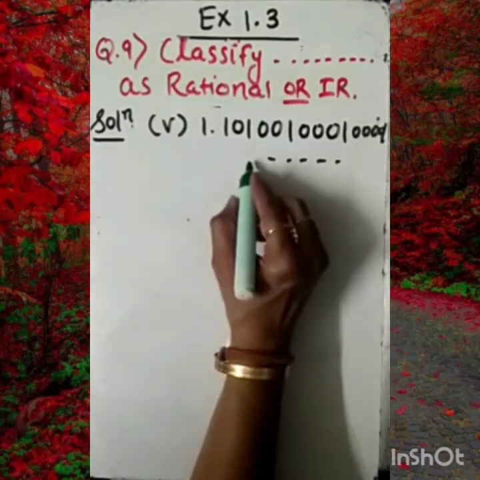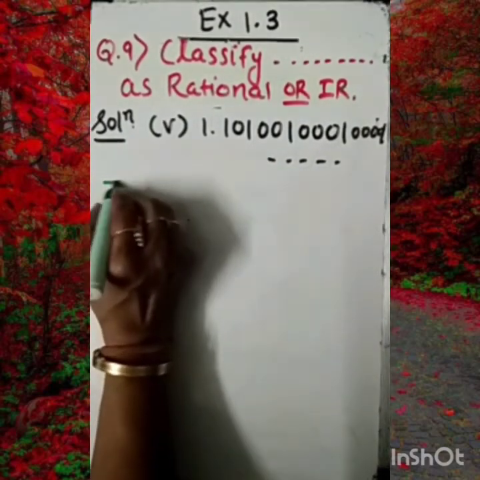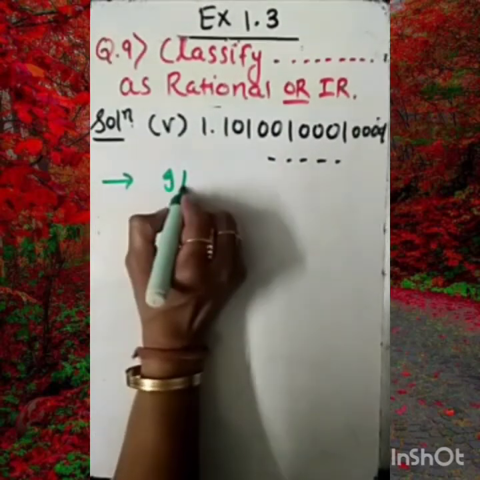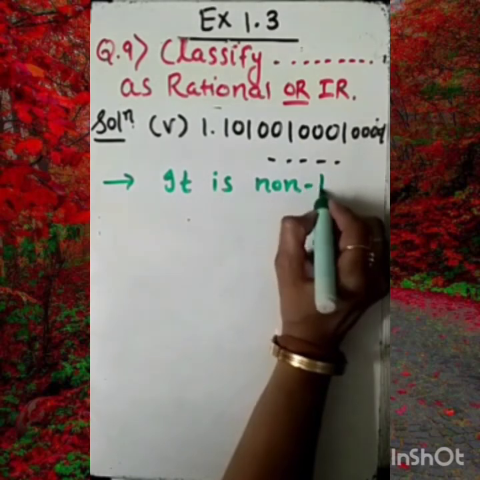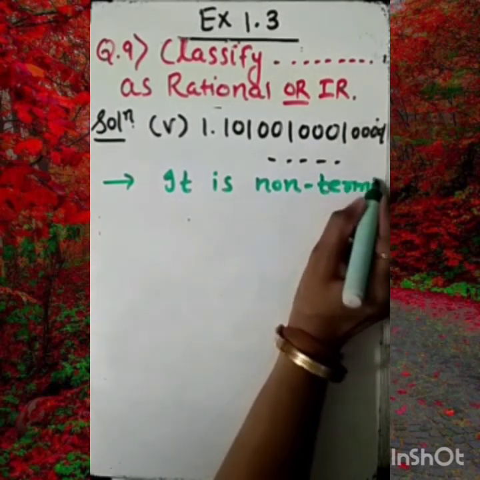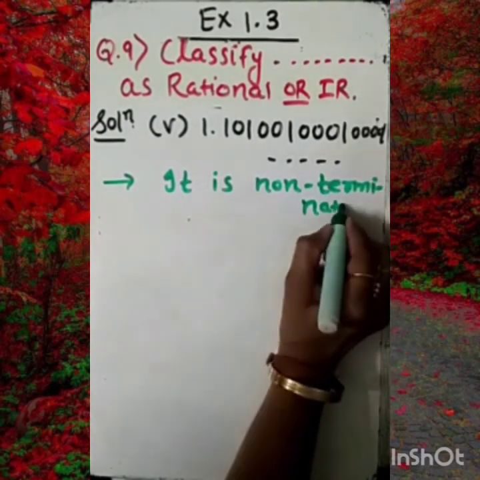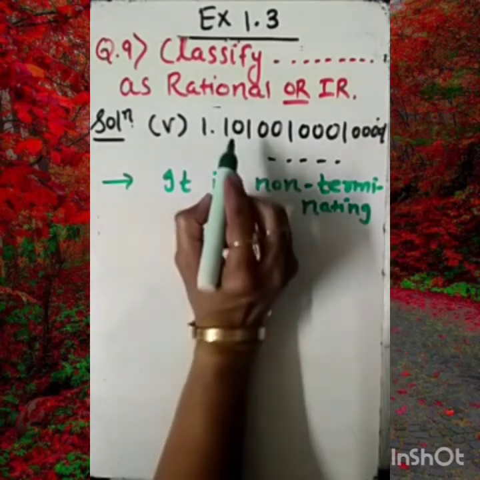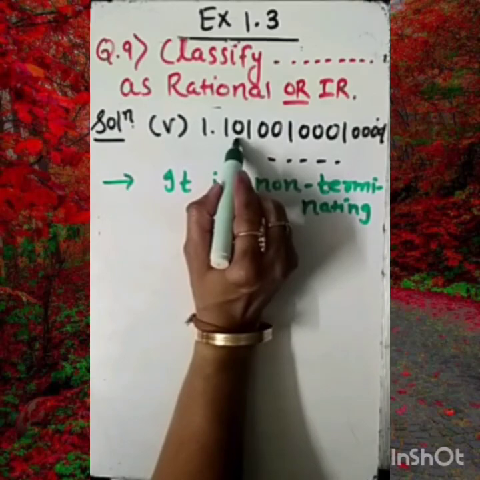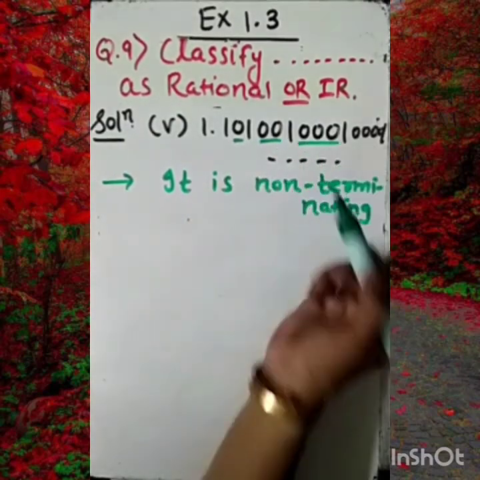What can we say about this number? It is non-terminating, right? So we need to write here that it is non-terminating. Non-terminating and non-repeating also. You can see repetition is not there: here 1 0, 2 0, 3 0, like that.